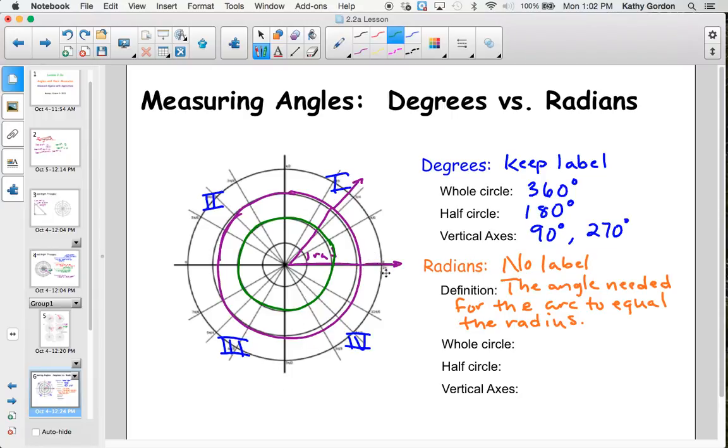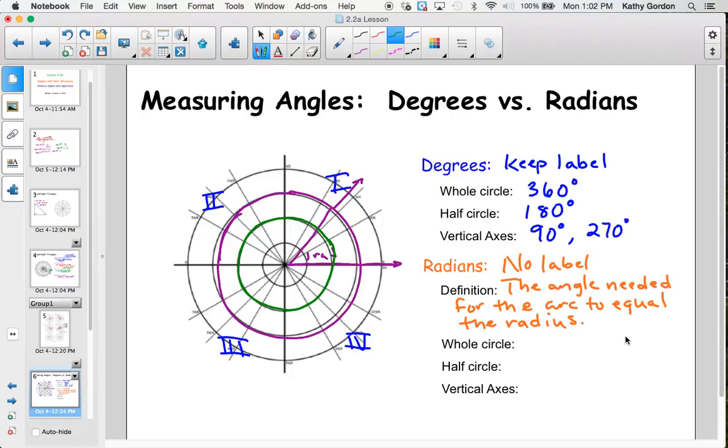If my radius changes to that, then how much I go around the circle also changes, but where I end up for my terminal side doesn't.